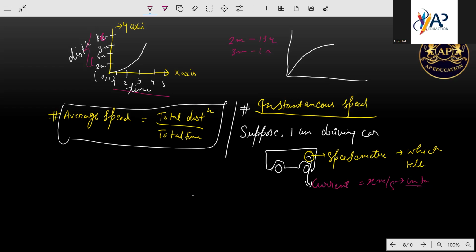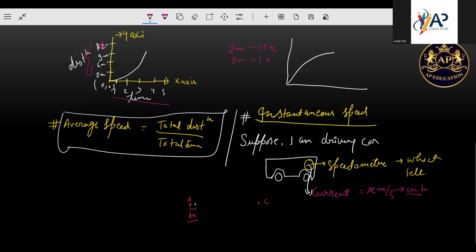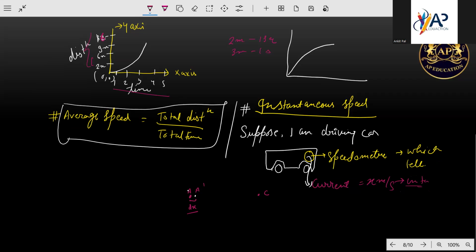Suppose this is point A, and this is point C. Suppose I want to measure the instantaneous speed. I am taking a small distance which is called dx. If a person covers the distance from A to A dash, the distance is small.